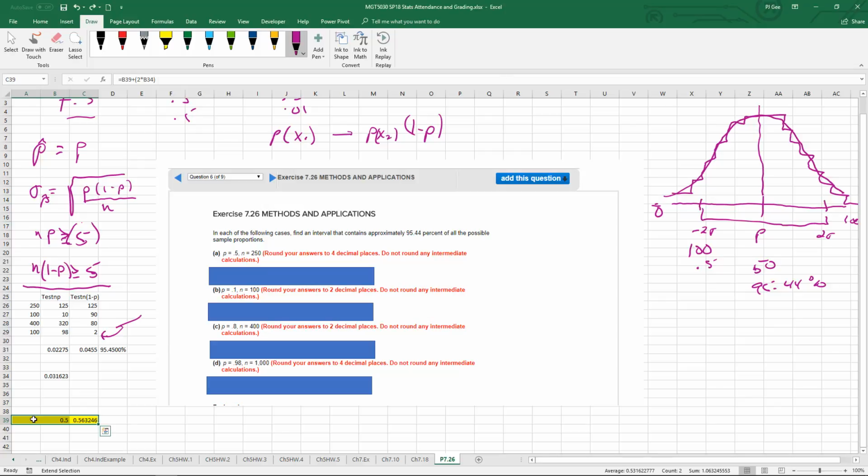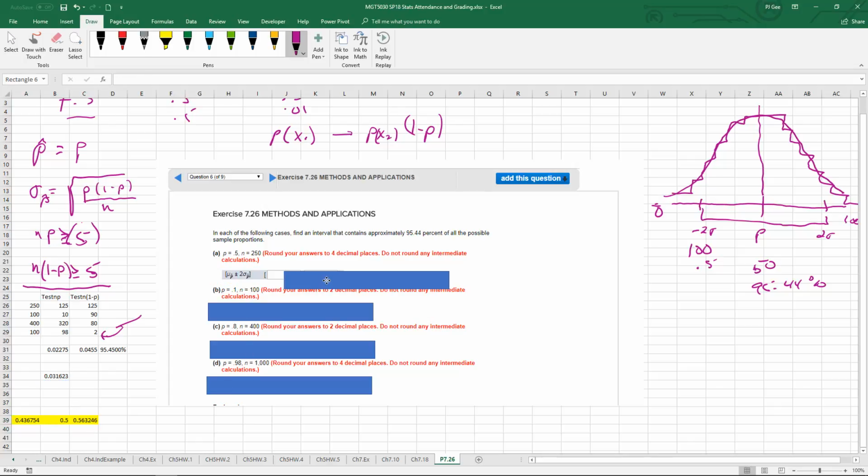Now we just need to calculate the lower end of the bracket, which is going to be equal to 0.5 minus 2 of our standard deviations, which we'll grab from up here. And that should be our bracket.